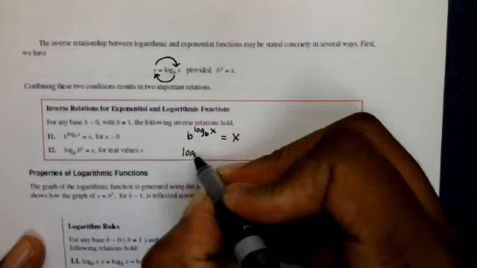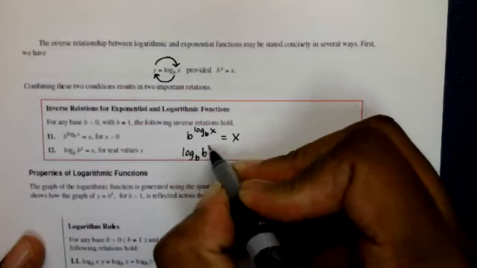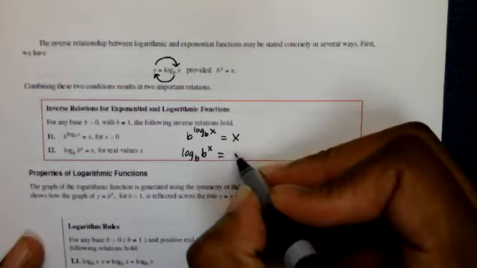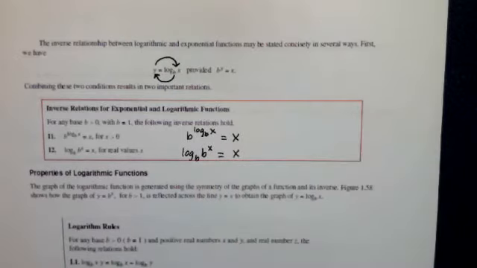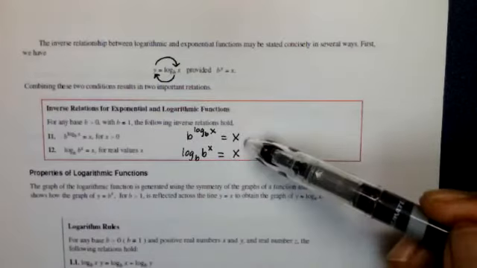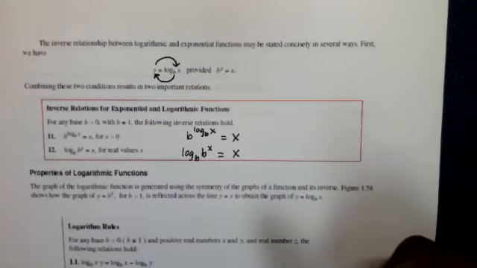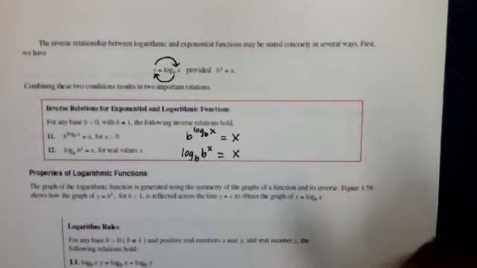And also log to the base b of b to the x, since log to the base b and b itself are inverses, that's also equal to x for real values of x. And then the first one was for values of x that are positive, because we can't take the log of a negative number, nor can we take the log of 0.